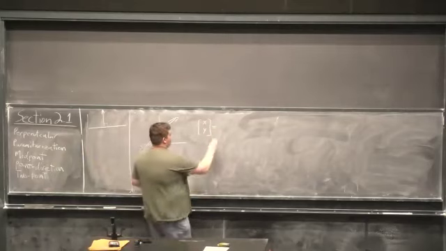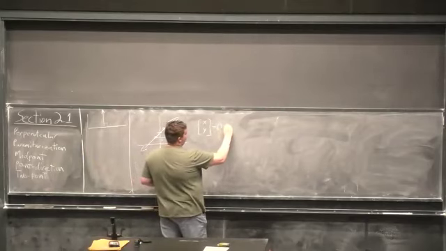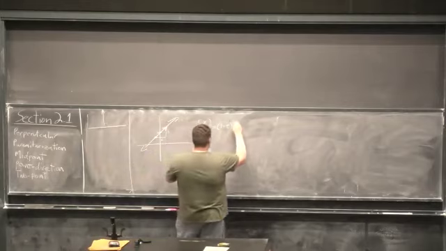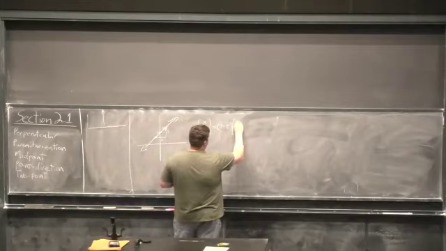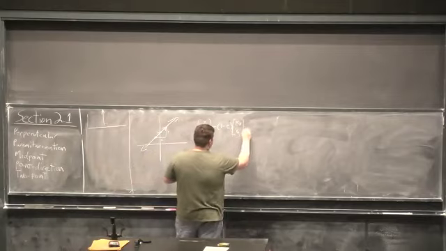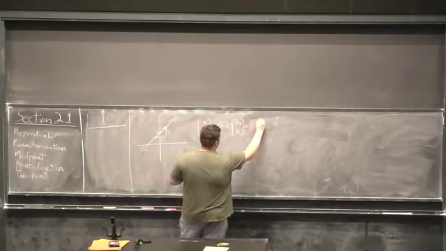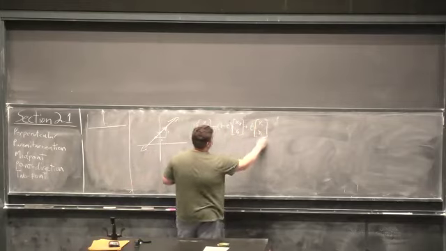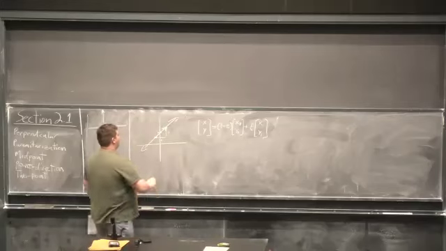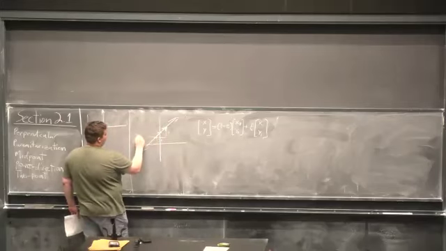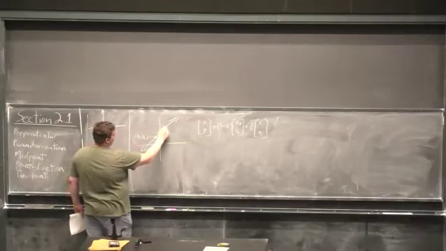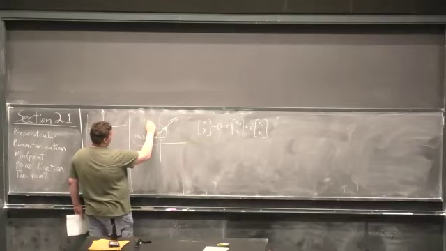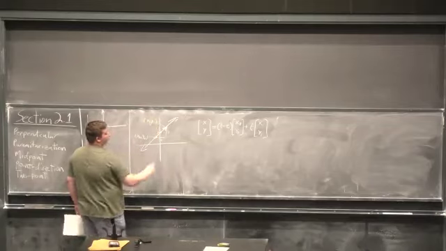And so we're going to say 1 minus t, and we're going to times this by x naught, y naught, plus t times x1, y1. What is this? Well, this point here I'm going to label as x naught, y naught. And this point here I'm going to label as x1, y1.